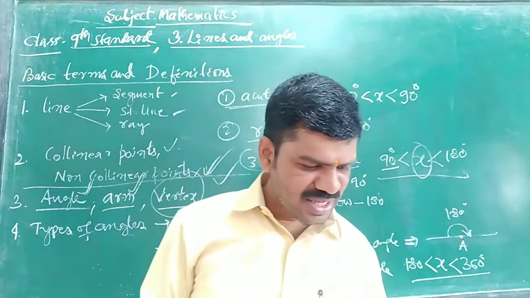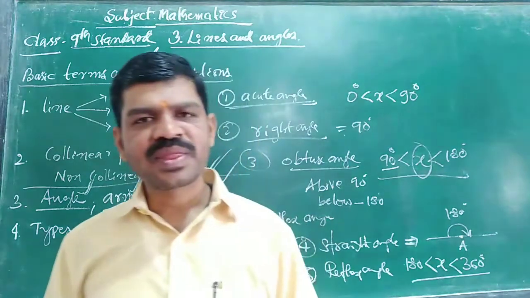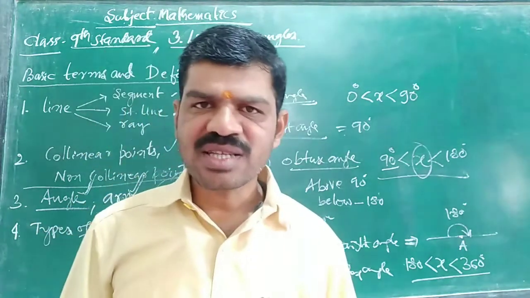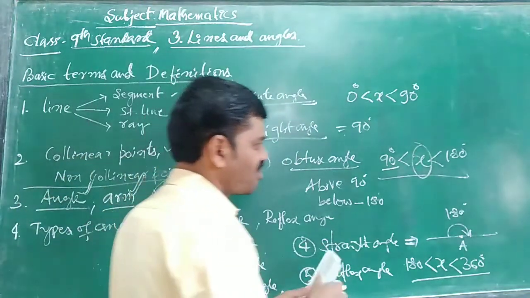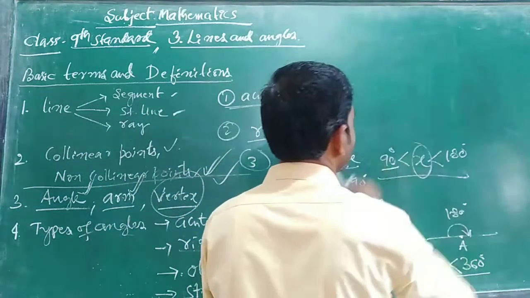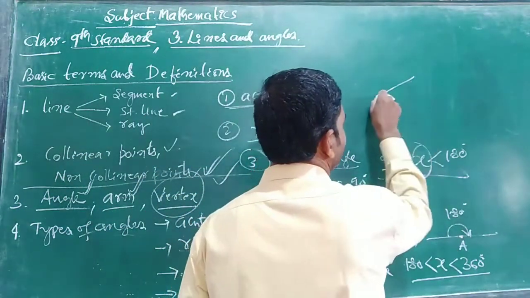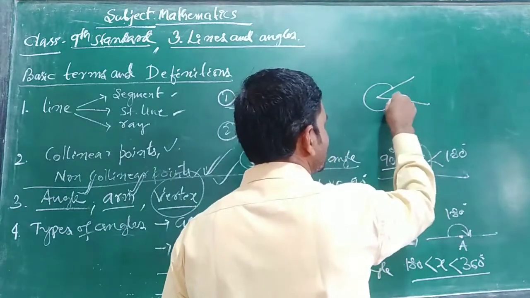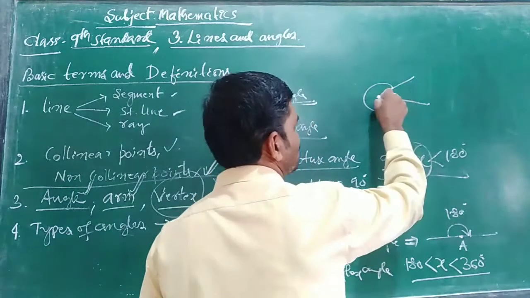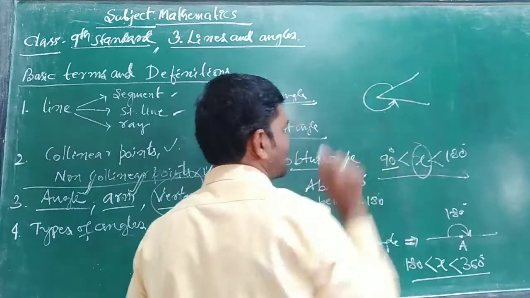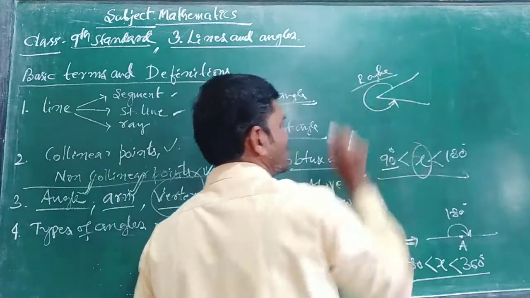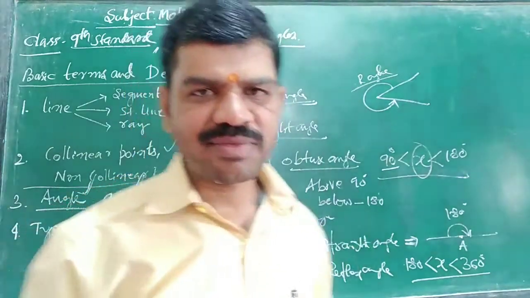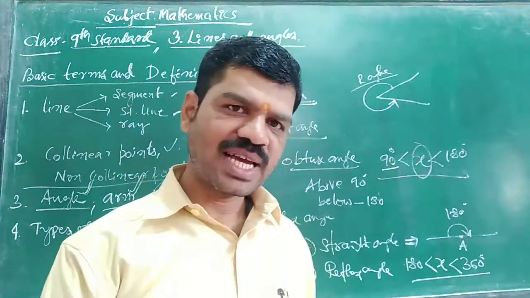Okay, so now we have completed the types of angles, and the example for this reflex angle is like this. So this is what it will be. These types of angles are called reflex angle.